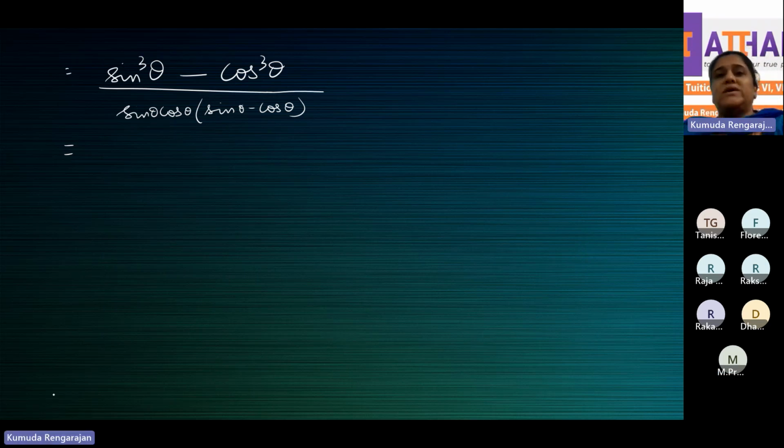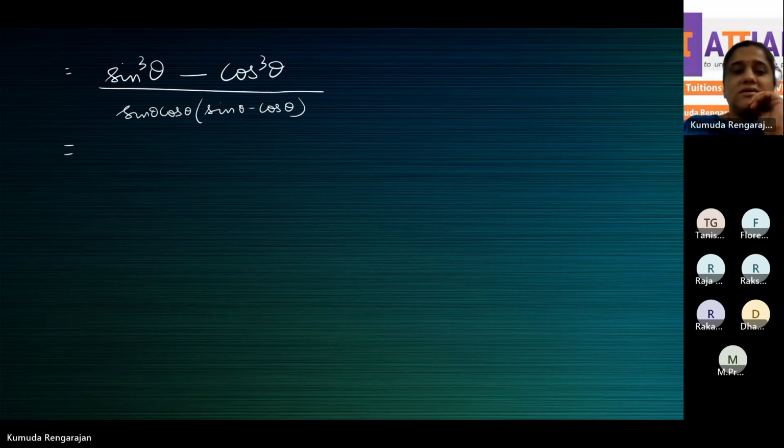So what is a cube plus b cube then? A plus b into a square minus ab plus b square. So the numerator is like a cube minus b cube, right?